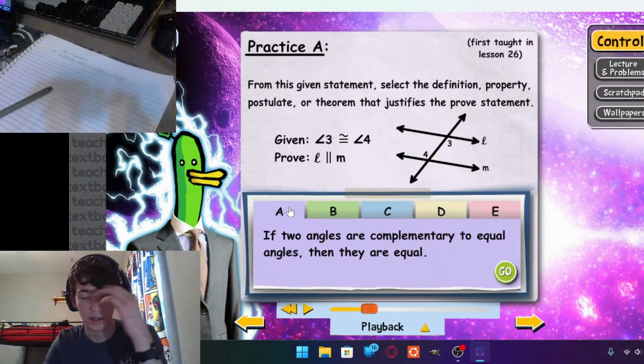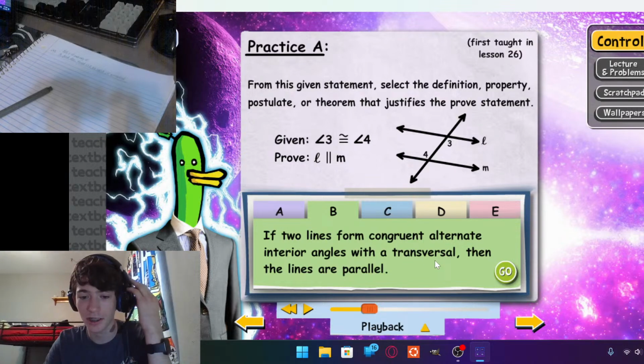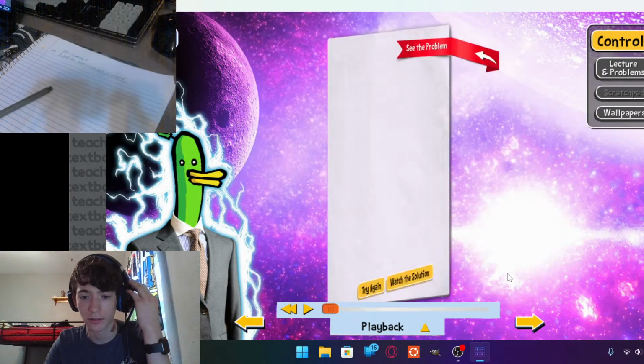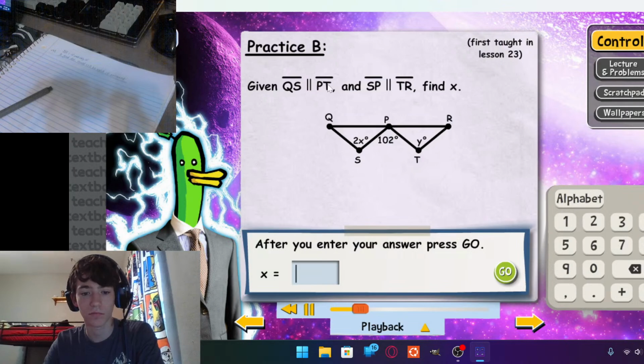What I'm looking for is not even in here. If two lines form congruent... Is that right though? I'm gonna click go. That's right, let's go.